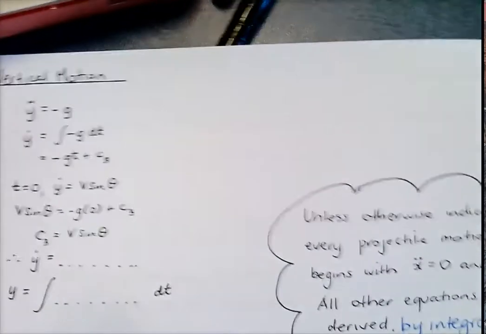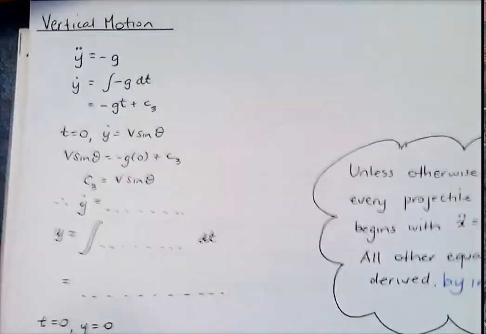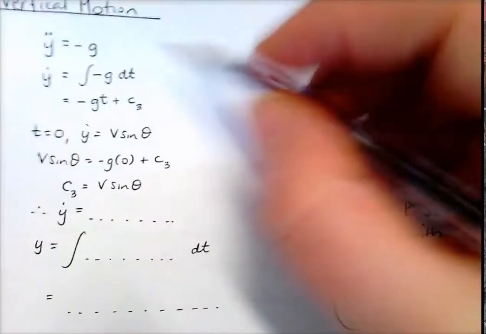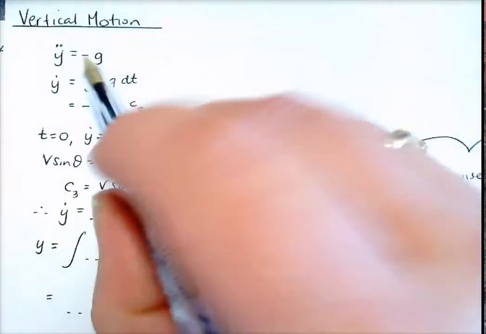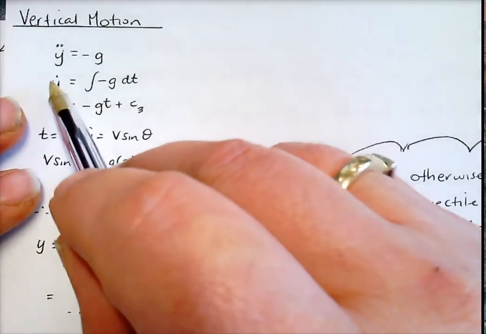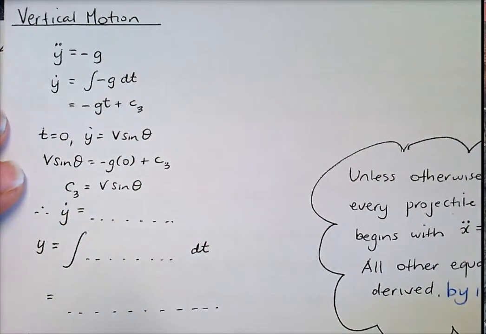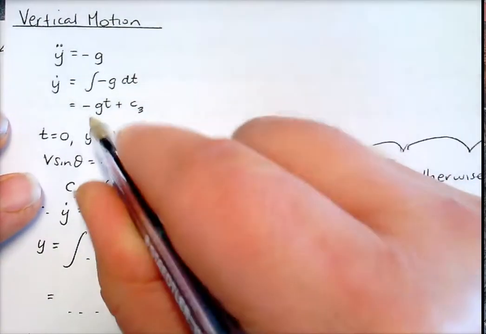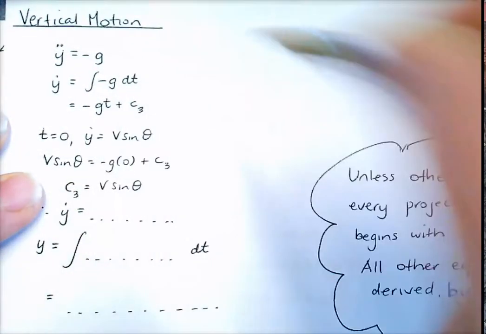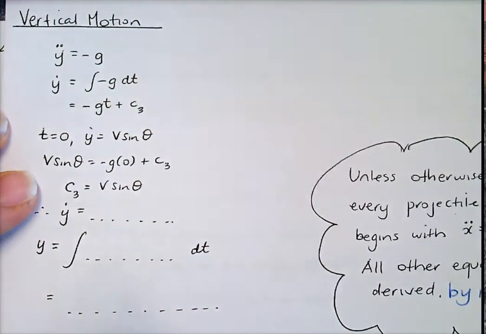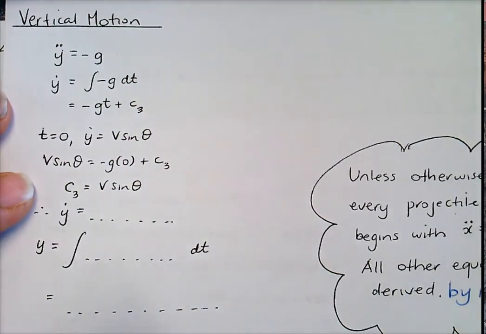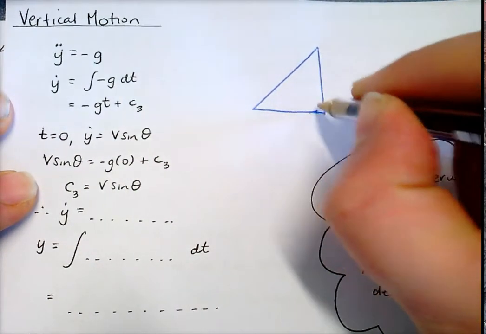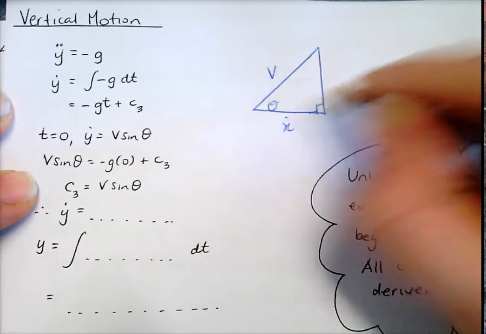So let's start with vertical motion. Vertical acceleration is gravity acting downwards, so it's negative g. Therefore, y dot, velocity in the vertical direction, is the integral of negative g dt, which is negative gt plus c3, the third constant. Now, when t is 0, do you remember our triangle with v, x dot, y dot?